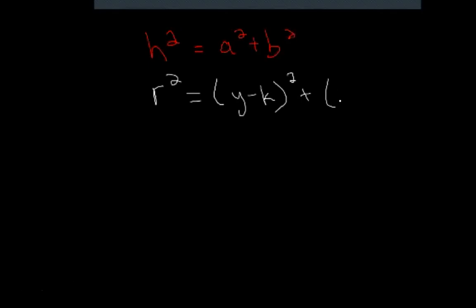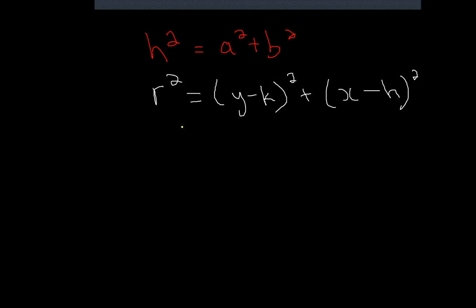So I have Pythagoras' theorem, hypotenuse squared is equal to a squared plus b squared. We said that the hypotenuse for that triangle was r, so it's r squared. A was y minus k, so we put in y minus k squared plus b, which was x minus h, so we squared that.